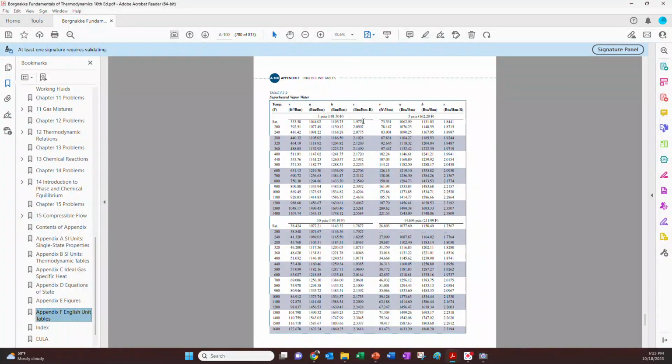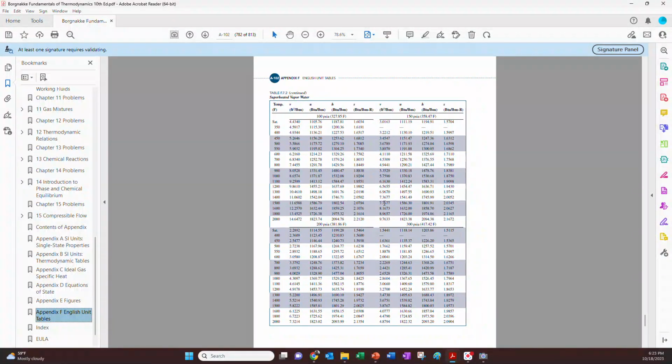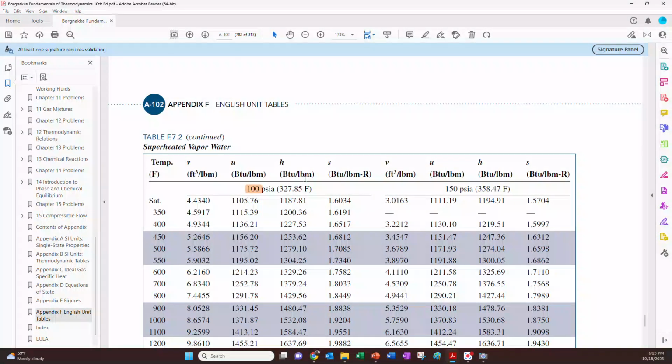There you go. We started out with 100 psi. Here's 1 psi. There you go, 100 psi. And we said it was 400 degrees Fahrenheit. So here is our enthalpy. Don't make the mistake of going to the wrong column. I'm really drawn to that column instead of this column.